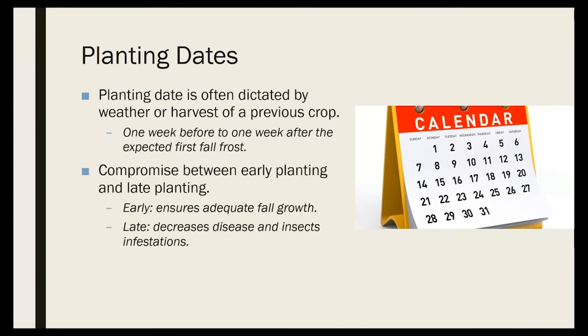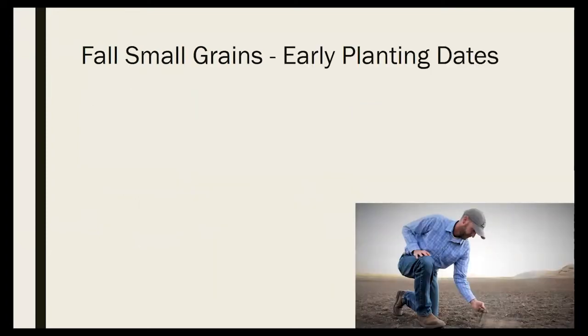This is kind of a compromise between planting too early and planting too late. We're planting early enough that we get some adequate fall growth, but we're planting late enough to decrease the diseases, the insects, and things that can happen when we plant too early.